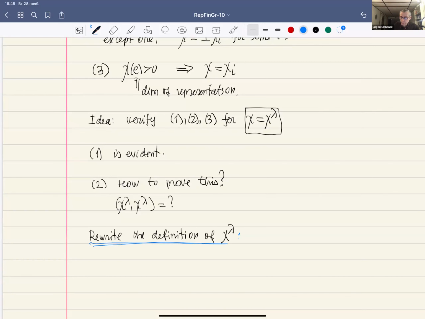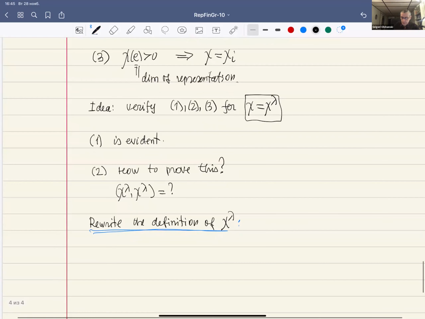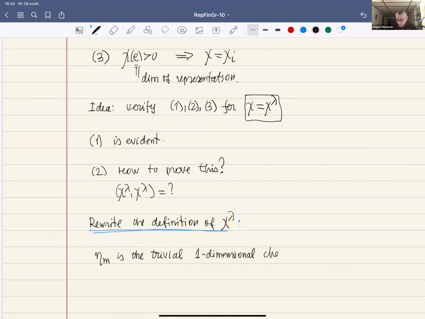So I recall the notation from the previous lecture. Eta n is the trivial one-dimensional character of a symmetric group S_n.